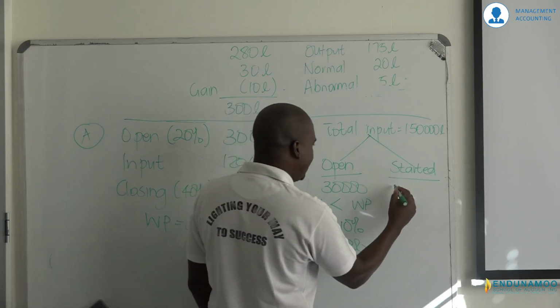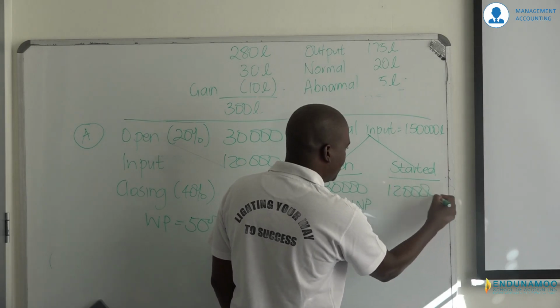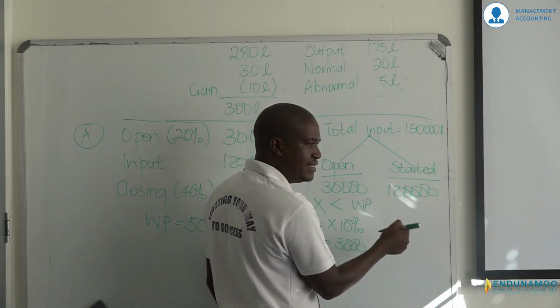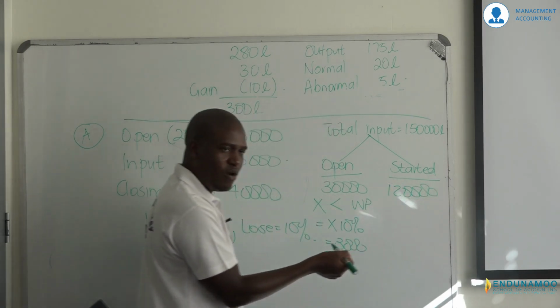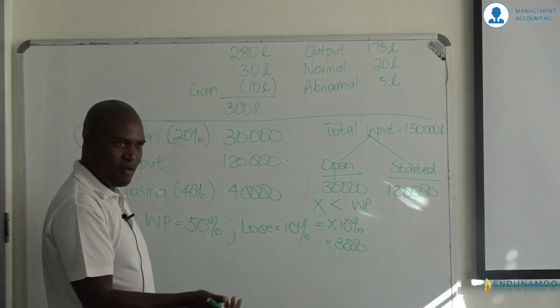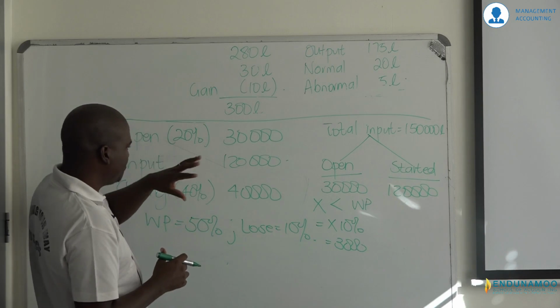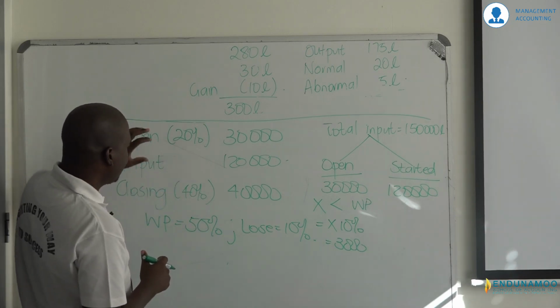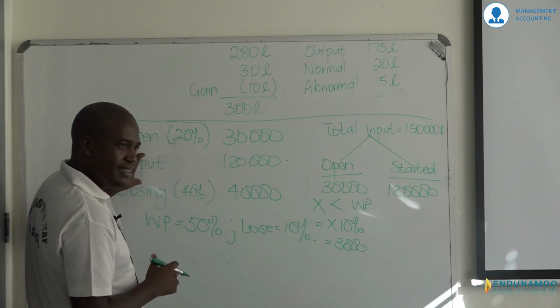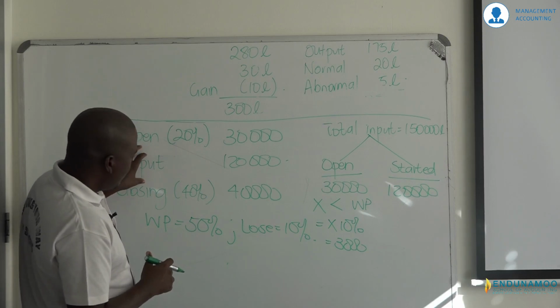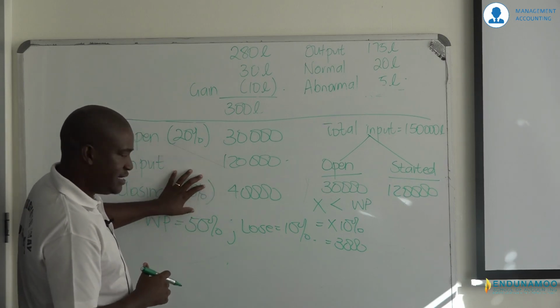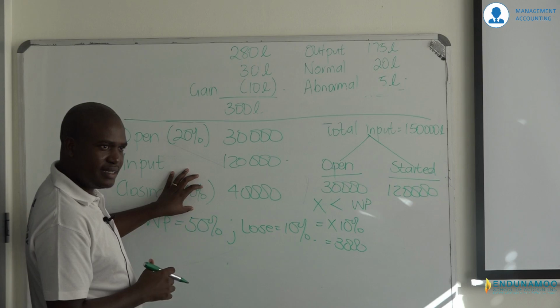Then you will say started is what? 120. And you will say, has it passed the wastage point altogether? So when you look at it, you'll then say that I have started, and I've got something that is not yet complete, right?